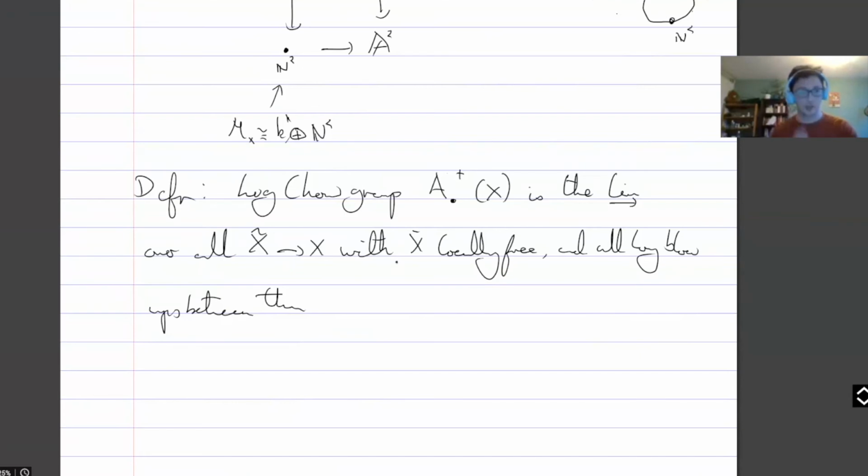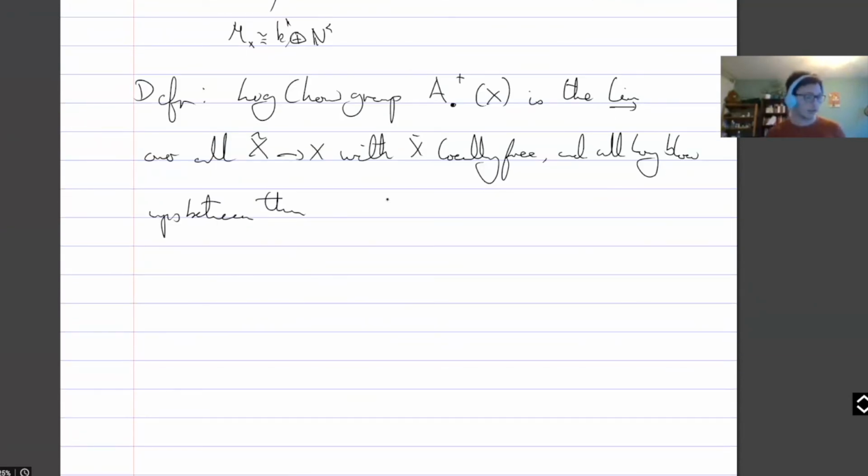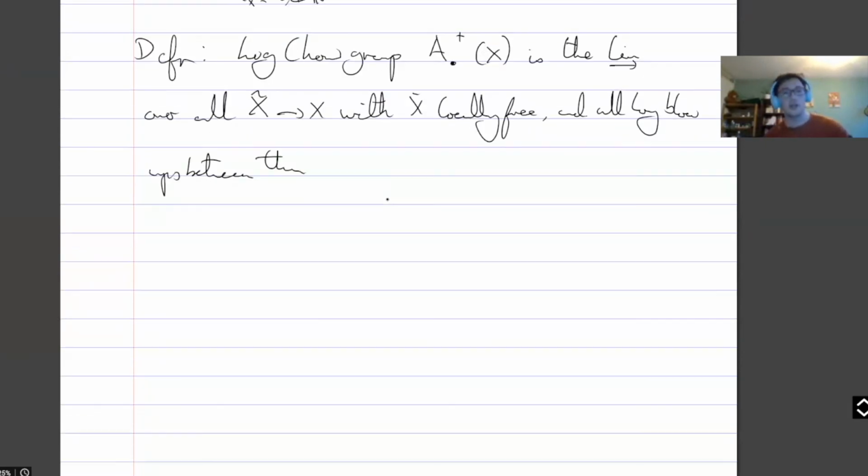So this is actually a well-defined thing. There's a lot of checking on dependence on choices that I'm sweeping under the rug here. So the claim is that this has all of the properties that one might want of proper push forward and flat or log flat pullback. And I want to say that it does have all those properties, but I want to make it clear that you actually have to take a little bit of care.